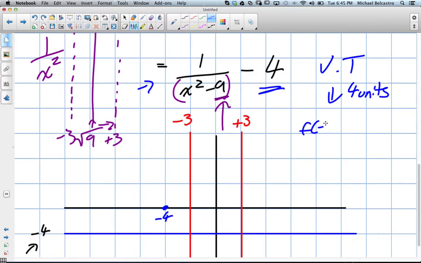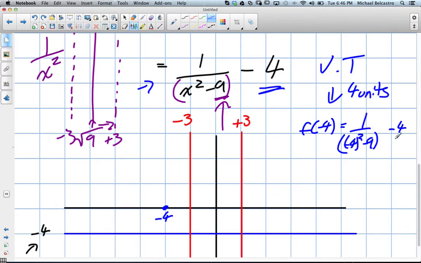When x is negative 4, we get 1 over negative 4 squared minus 9, minus 4. This becomes 16 minus 9, which is 5, 1 over 5. Is that right to you? No, 7.